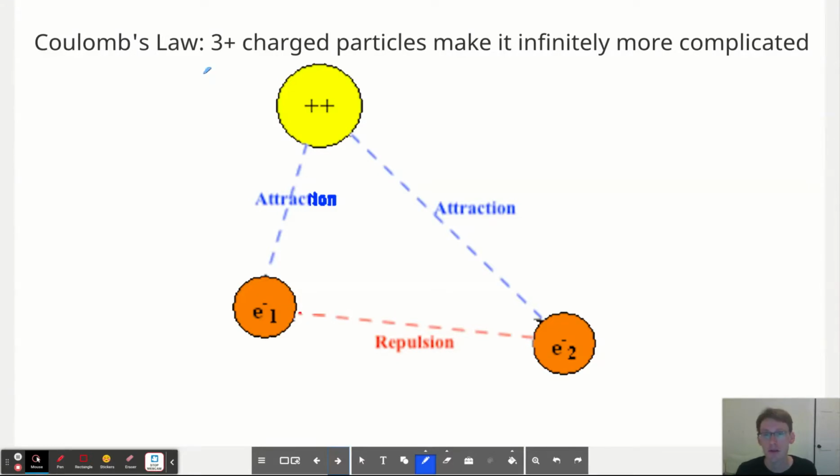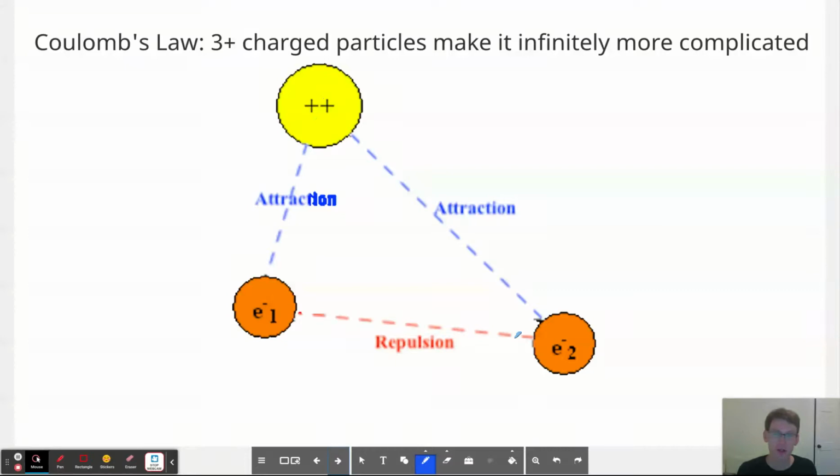So let's consider not the helium ion, let's just say the helium atom, where we have a +2 nucleus and 2 electrons to even out the charge. This is still a very simple, small atom, but you can see that this is much more complicated because you've got attraction of the nucleus to one electron.